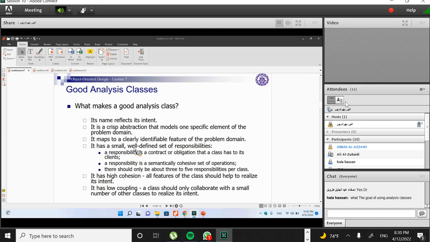Your analysis classes should not have big, complex responsibilities. But a good analysis class has small, well-defined responsibilities. Each class in our case should have about three or four responsibilities and no more than that.